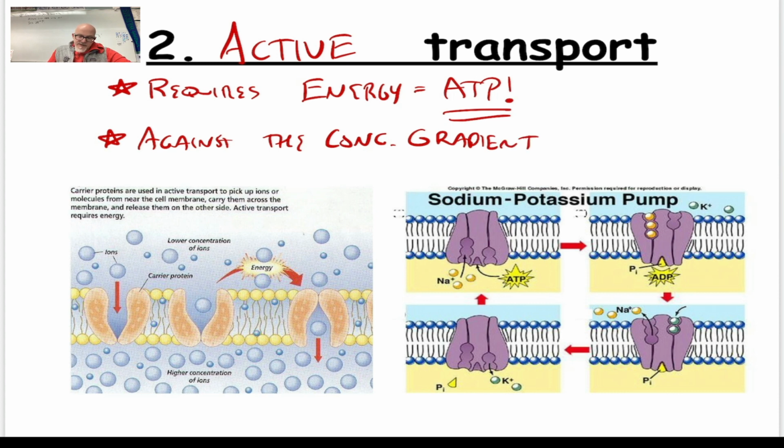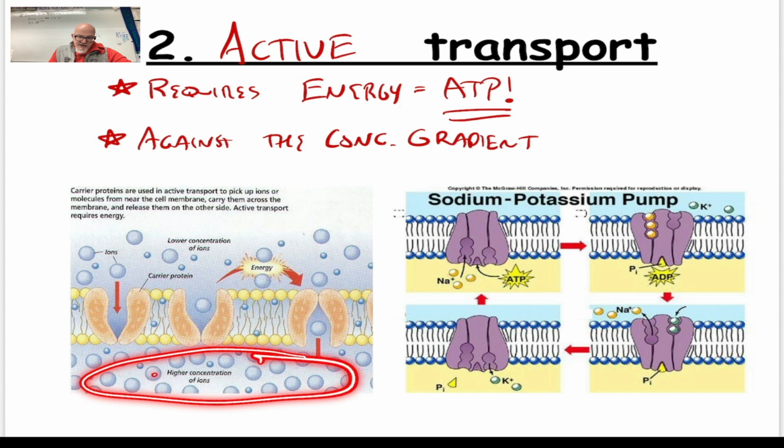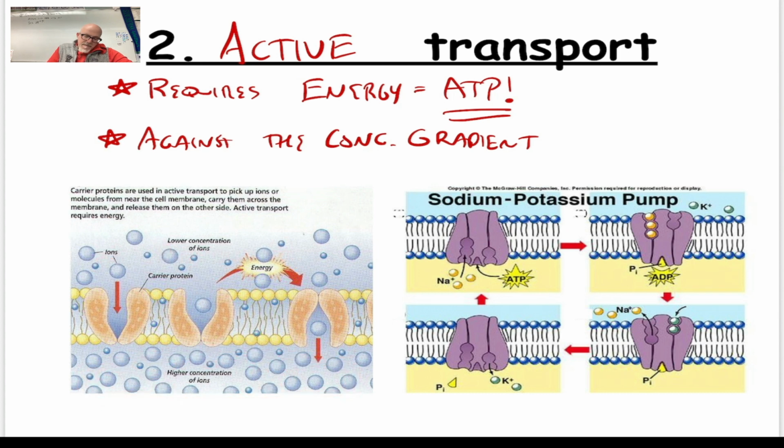So right here you can see these are examples, right? Here is a high concentration of ions, a lot of dots down here, not as many up here, but these are getting forced against the gradient. So energy is required to actually push them through.